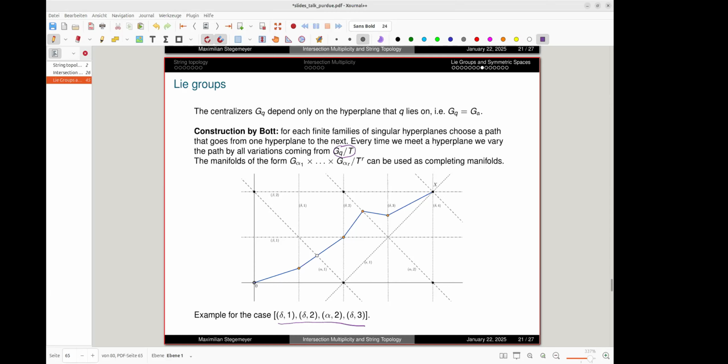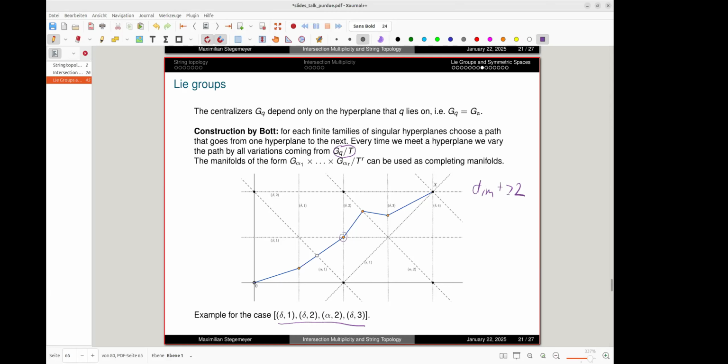And then, of course, we can ask, can we again do this trick that we remove the self-intersections? If the rank of the group, so the dimension of the torus, is greater or equal than 2, then you can actually do this. When do we have base point self-intersections? Well, if we meet the lattice in the universal covering here. It might happen that at this point here we meet the lattice, but it's not important.